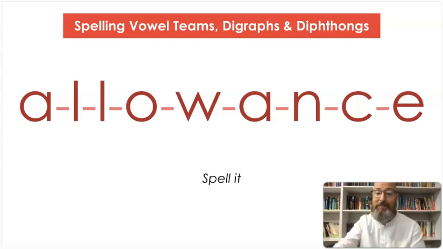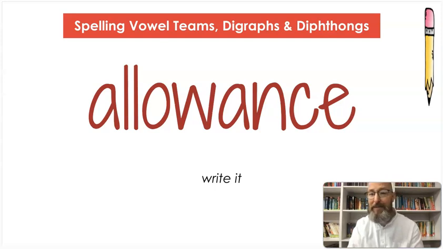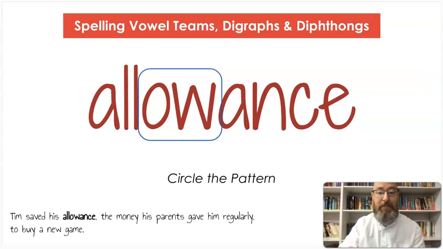A-L-L-O-W-A-N-C-E. Allowance. And let's write it. A-L-L-O-W-A-N-C-E. Of course, we'll circle that OW that says ow again. Tim saved his allowance, the money his parents gave him regularly, to buy a new game.